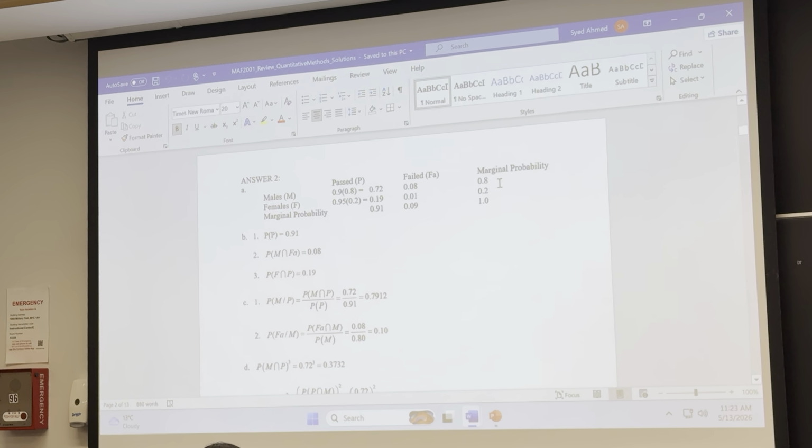Or the total over here is 80 students. If 72 pass, that means 8 fail. So I have these two numbers. Now this is just the difference: 80% minus 72%, 20% minus 19%. And then I'm adding these.